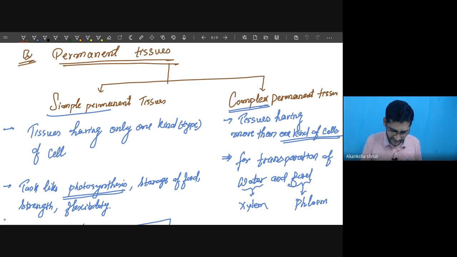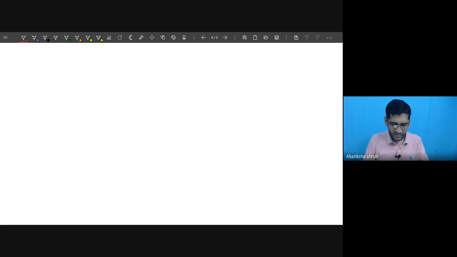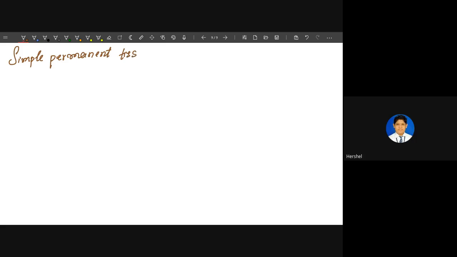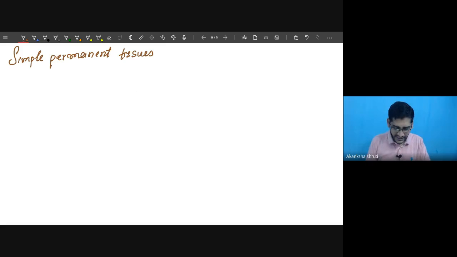Let me write this as the 1 and this as the 2. Simple permanent tissues. In this category, the first we have to learn is called parenchyma.